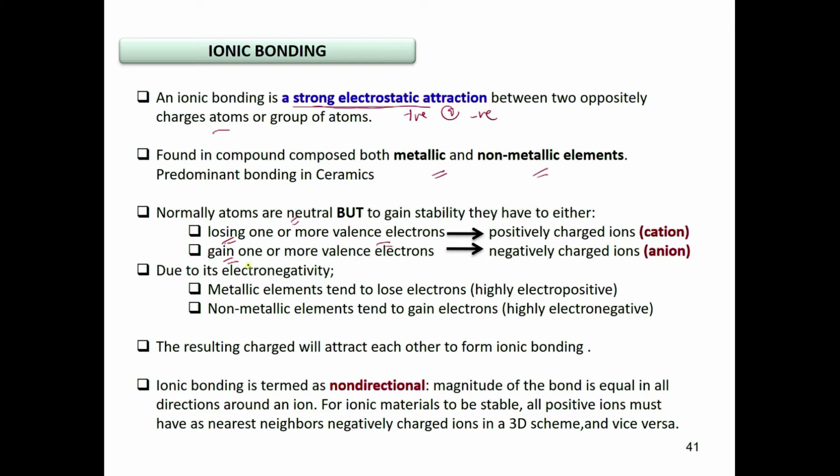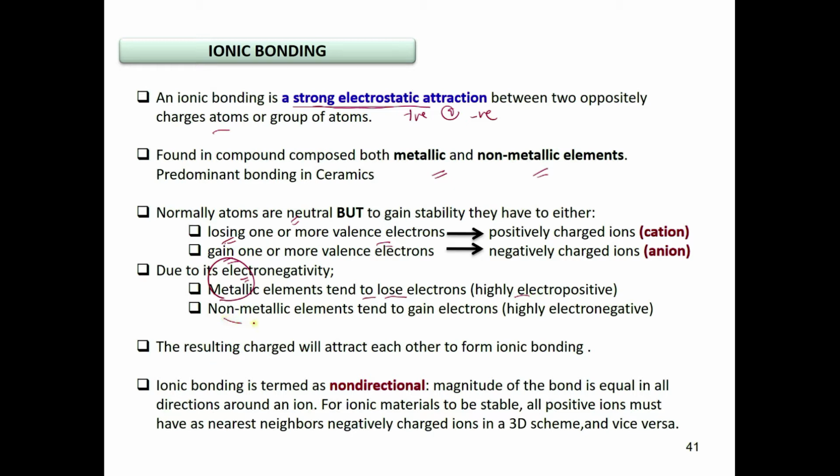If an atom gains one or more valence electrons, it forms negatively charged ions called anions. Due to electronegativity, the tendency to accept electrons from other atoms, metal elements tend to lose electrons. Metallic atoms are highly electropositive, meaning they have low electronegativity.